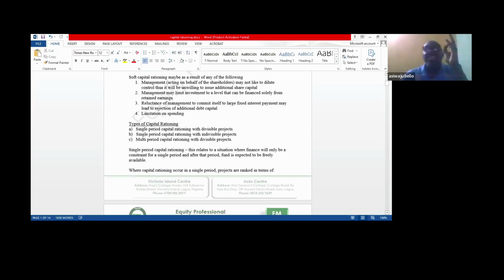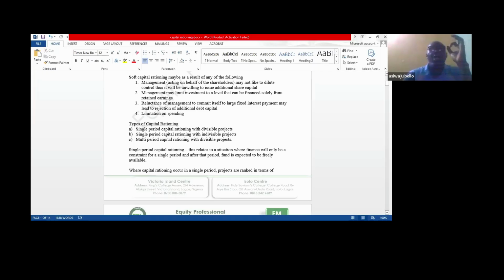There are two major types: single period and multi-period capital rationing. There are two major types of capital rationing situation.